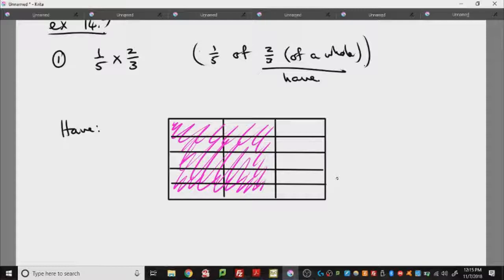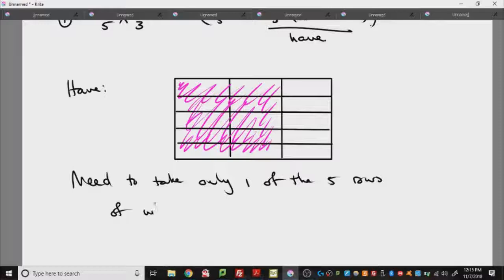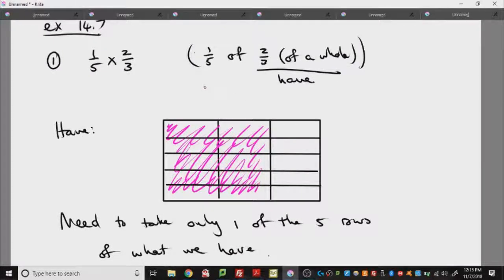But when I talk about 1/5 of what I have, the pink stuff, I need to take only 1 of the 5 rows of what we have. See how it links to 1/5 of 2/3 of a whole.